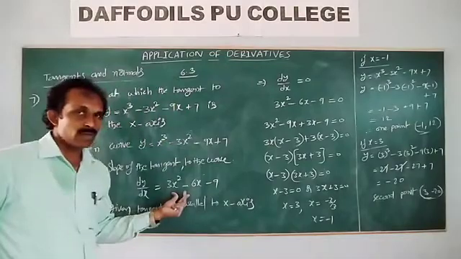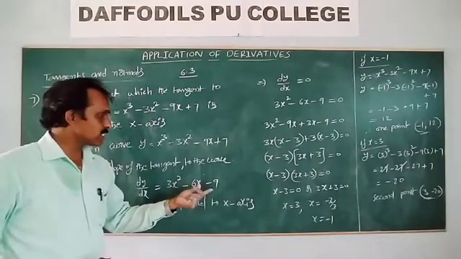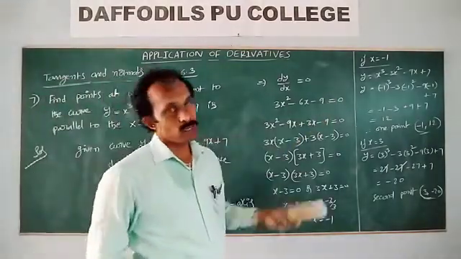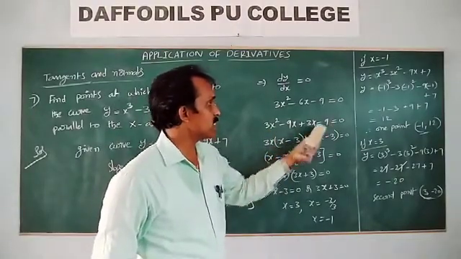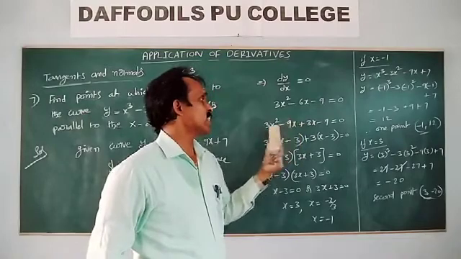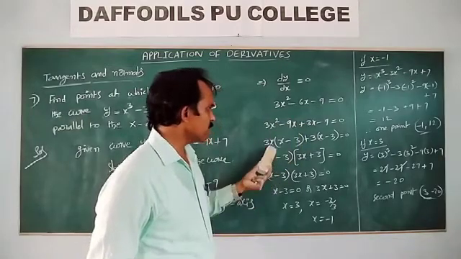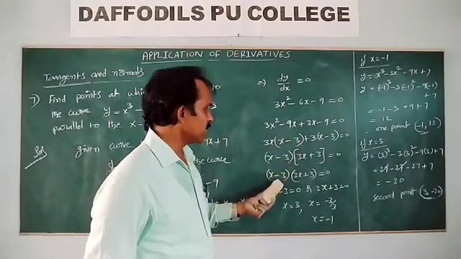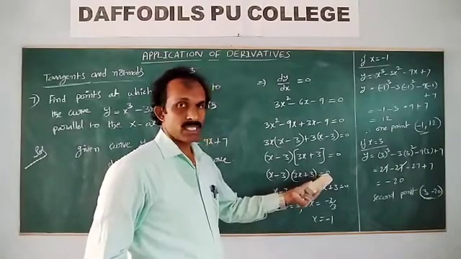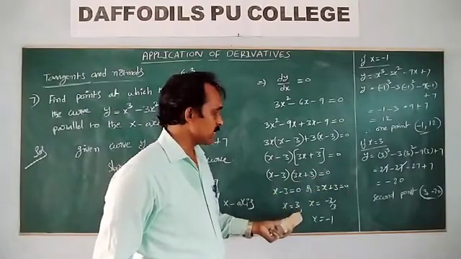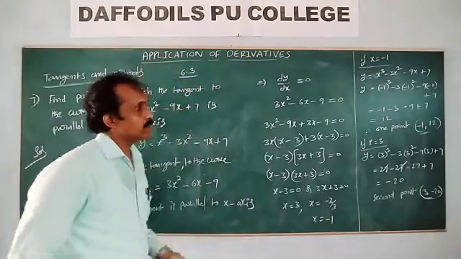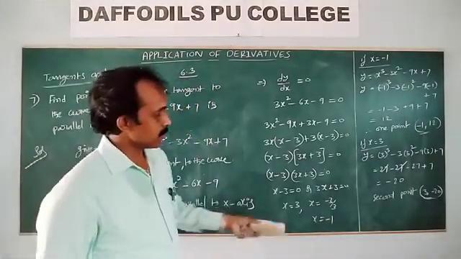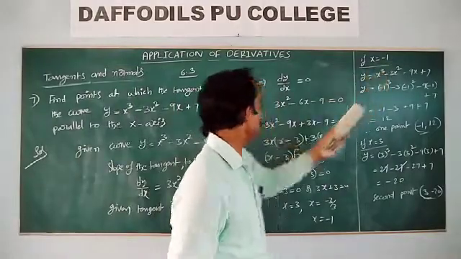We got dy by dx value 3x square minus 6x minus 9, that is equal to 0. Factors are x minus 3 and 3x plus 3, so x is equal to 3 and x is equal to minus 1. We want points at that tangent. So that implies x is equal to minus 1. Substitute in the given curve.